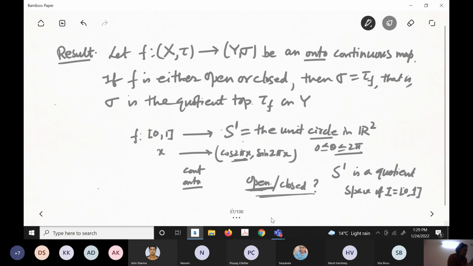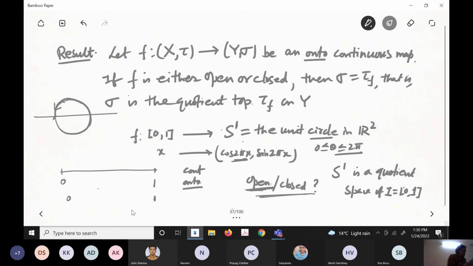Now that is the analytical description. But if you go for the geometric view, what are you actually doing? Look here, you have this 0 and this 1. When you go to the circle, you're starting here and going in this direction. Here it is one to one, except only a pair of points, 0 and 1.